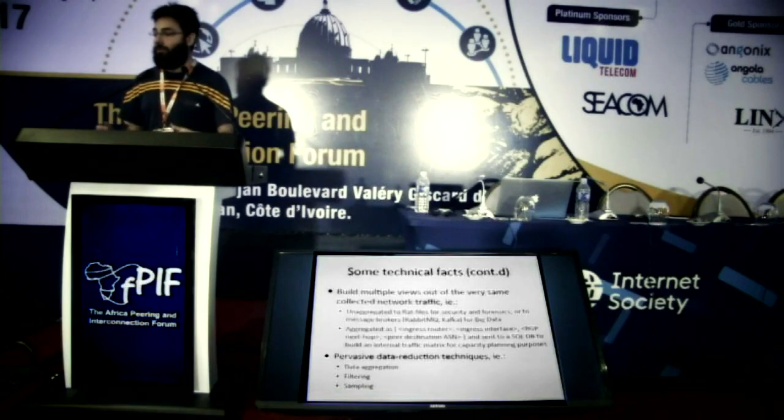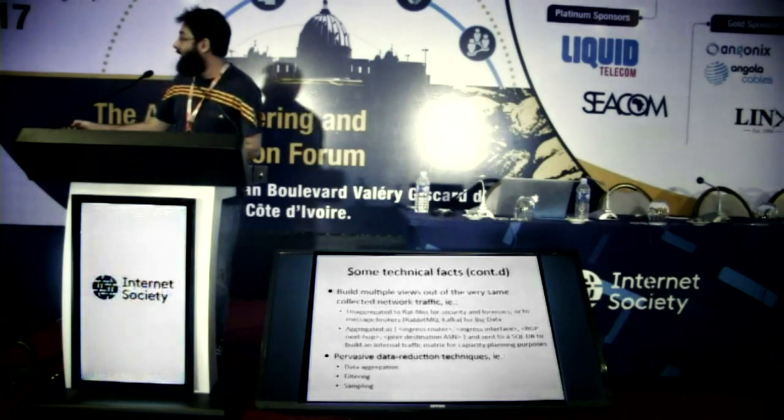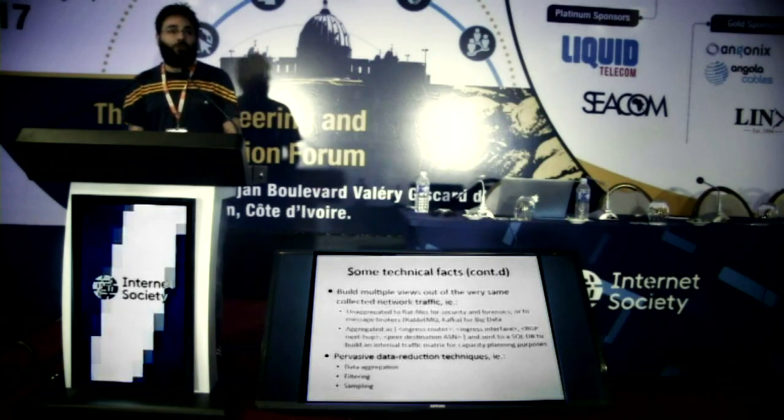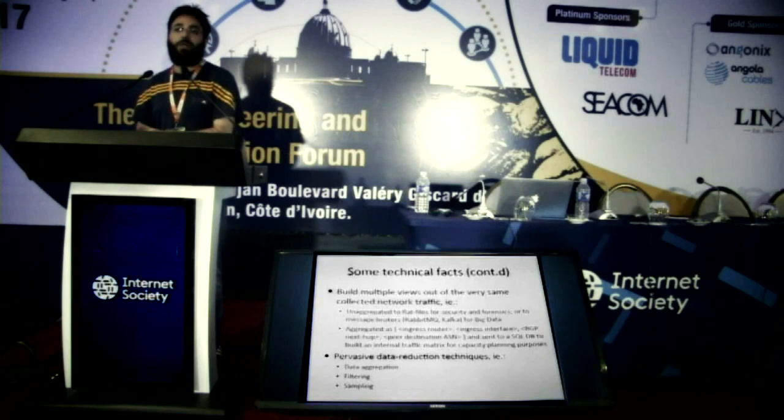For example, here you have this aggregation: ingress router, ingress interface, BGP next hop, peer destination AS, which is the essential tuple that tells you who is injecting traffic into your network, what the ingress point is, what the egress point is, and who you deliver traffic to. That is the essence of the traffic matrix.